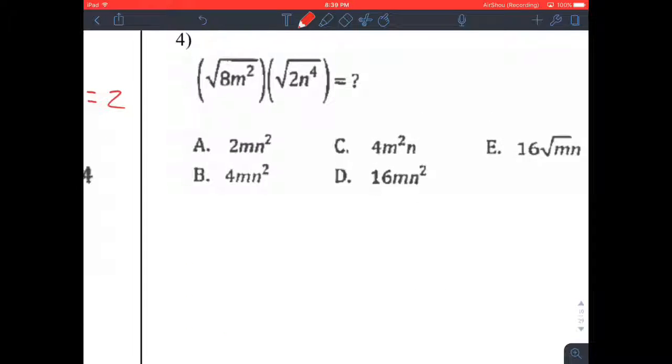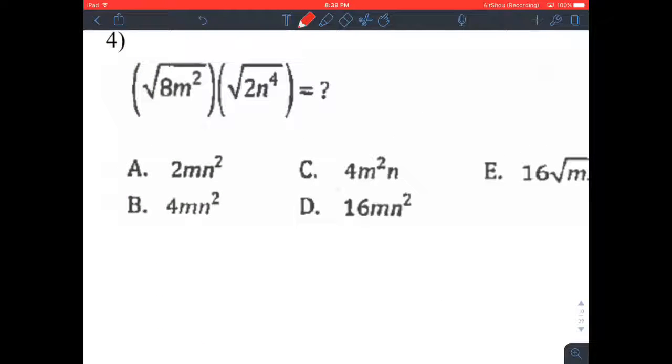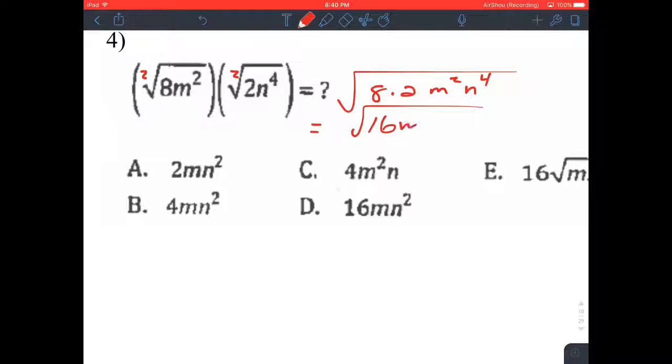Number 4, we are multiplying 2 square roots. We know it's squared because there's no number inside the little radical symbol. You can multiply the numbers together and the letters together. So that's square root of 16 times m squared times n to the 4th.